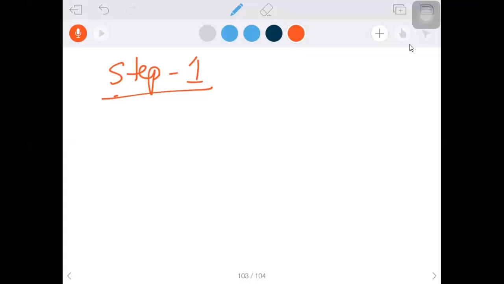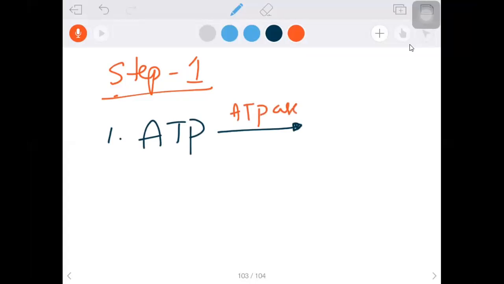We have the stored ATP, and we break that ATP with the ATPase enzyme into ADP plus phosphate ions, and we said that during the power stroke, the phosphate ions are liberated.